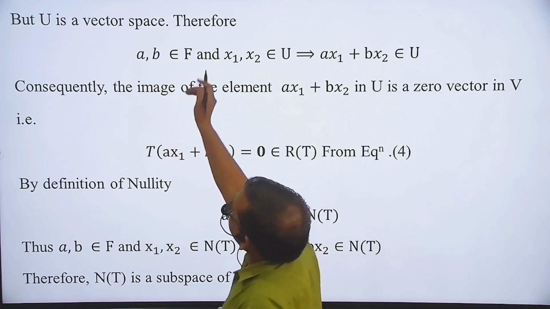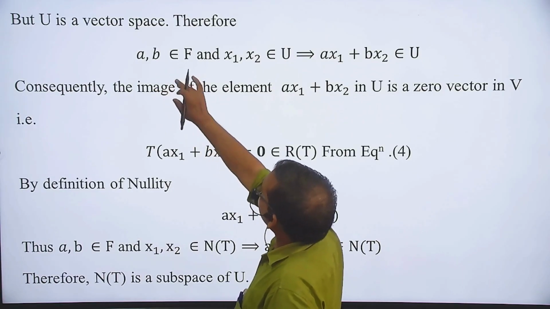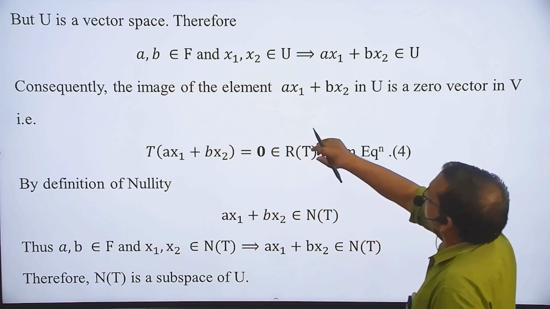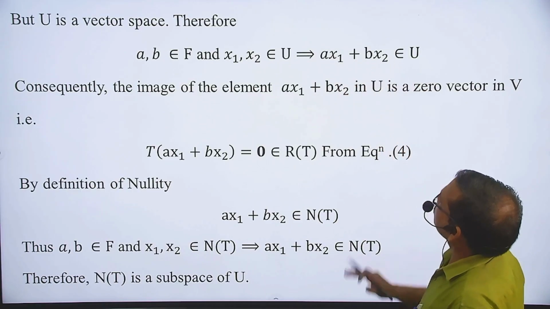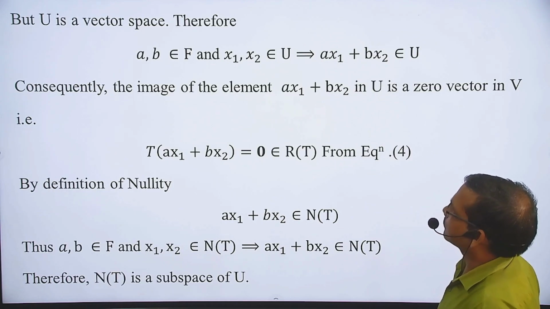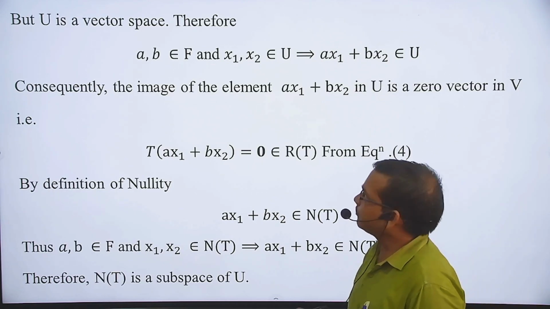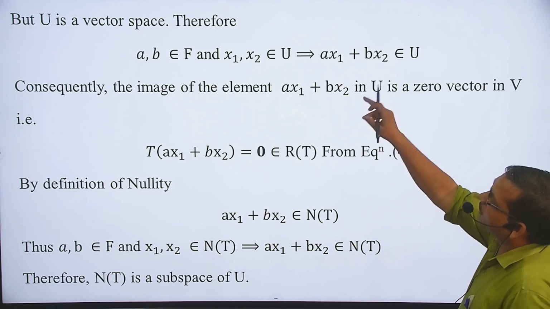But U is a vector space. Therefore, a, b belong to F and x1, x2 belong to U implies a x1 plus b x2 belongs to U. It comes from the property of the vector space, because a vector space holds vector addition and scalar multiplication.